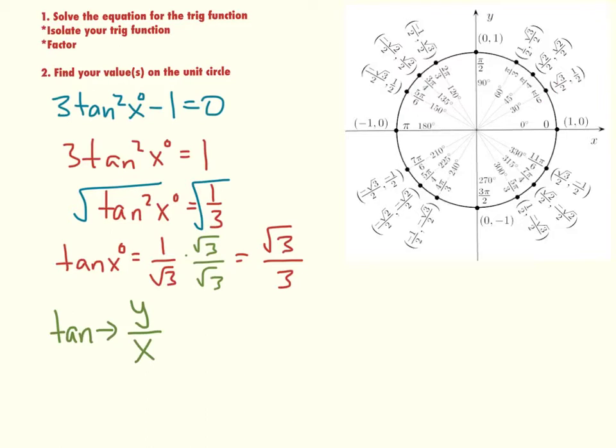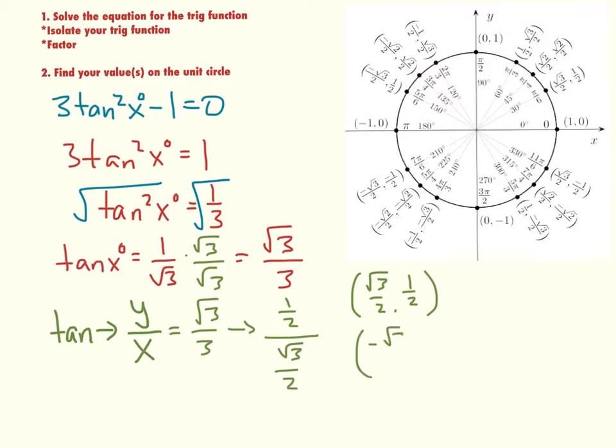With the numbers on the unit circle, y over x will only equal the square root of 3 over 3 whenever we take 1/2 and divide it by the square root of 3 over 2. So I have to look for the points square root of 3 over 2, 1/2, or they could both be negative because that'll still give me a positive square root of 3 over 3.